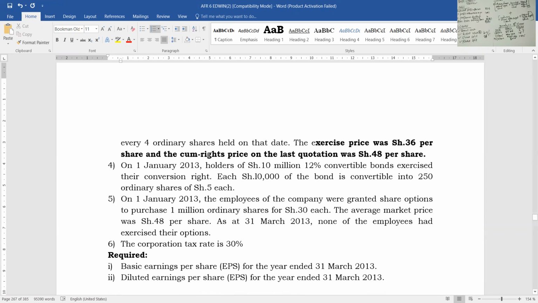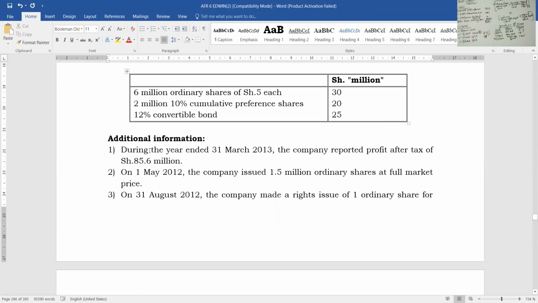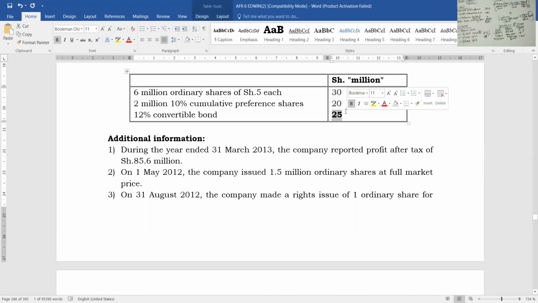You can remember that from the start, our capital structure contained a bond of 25 million.